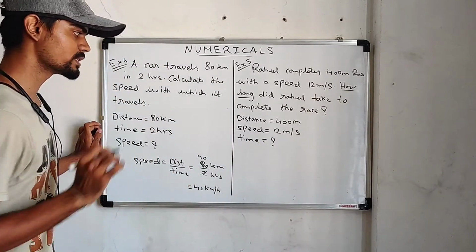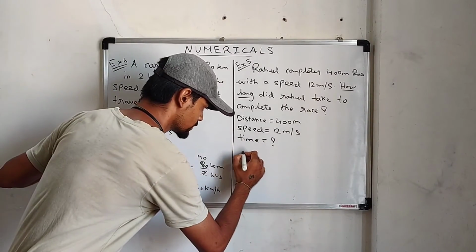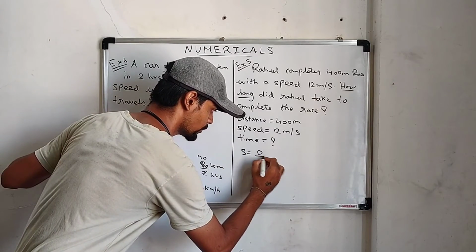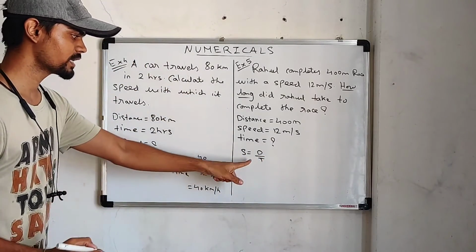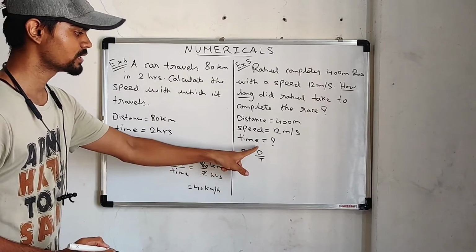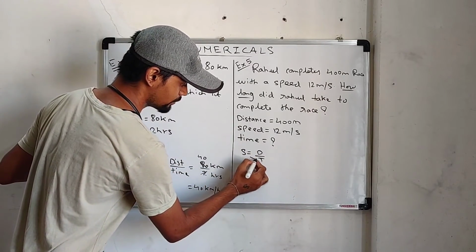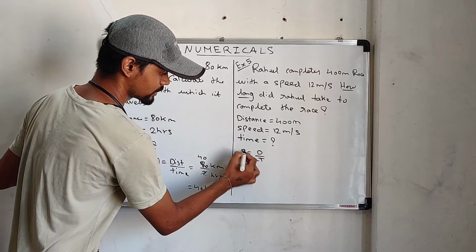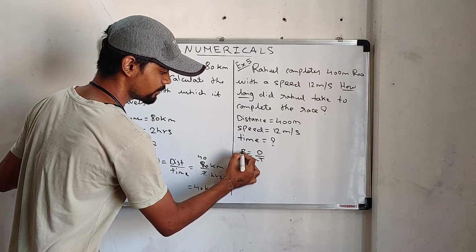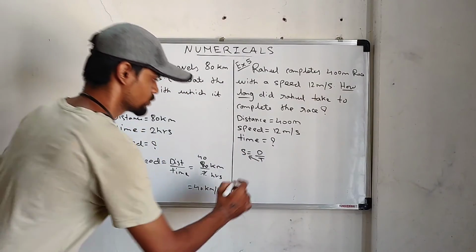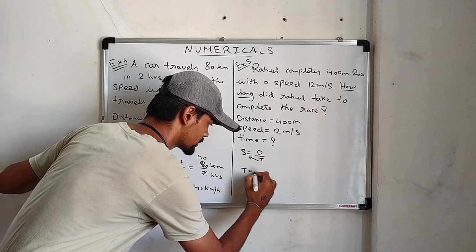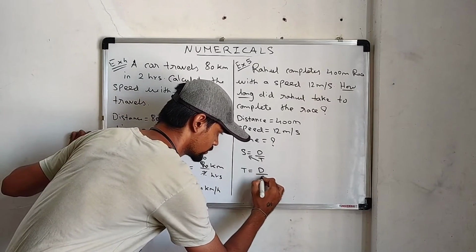Okay, we'll use the same formula, that is speed is equals to distance upon time. But in this case speed is known, distance is known, we need to find out the time. So let us take time on the other side of the equal to, while speed will come on this side. Okay, so our formula will be time is equals to distance upon speed.